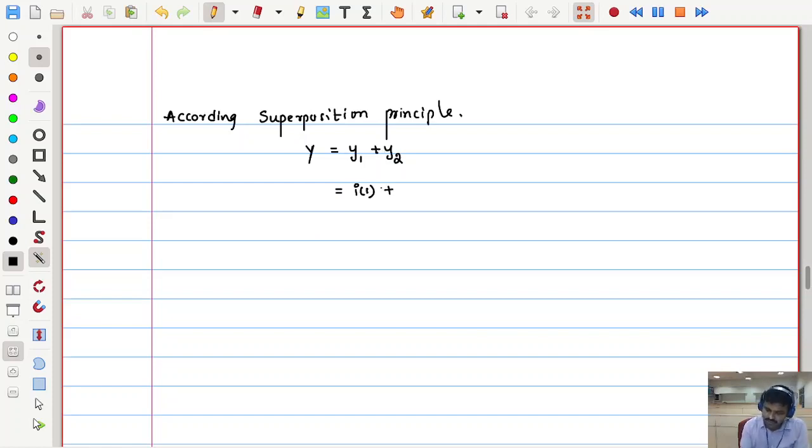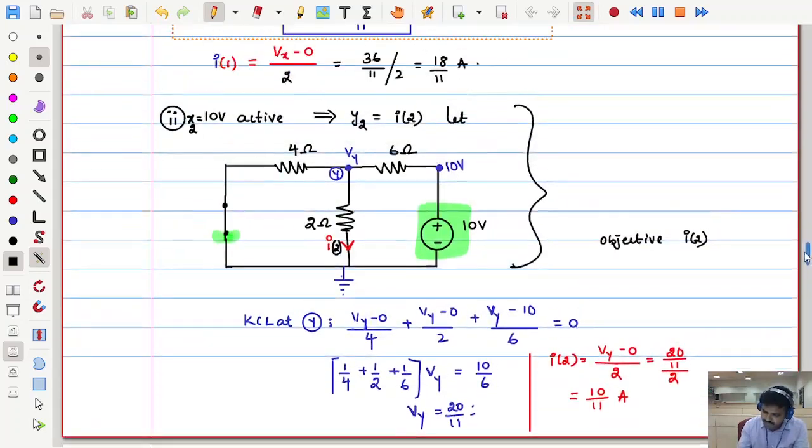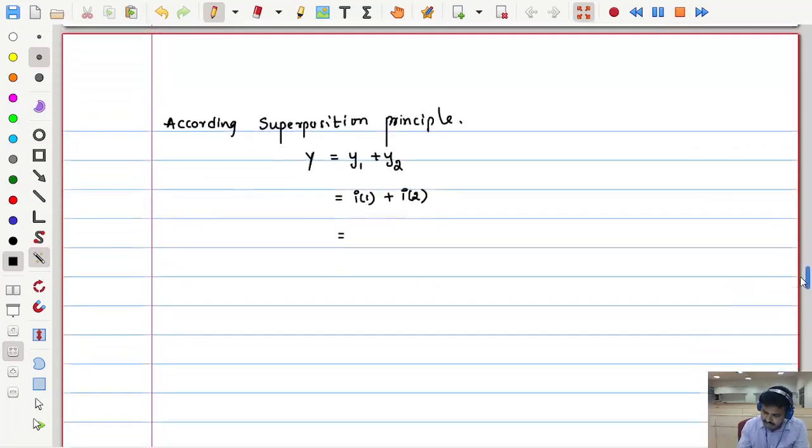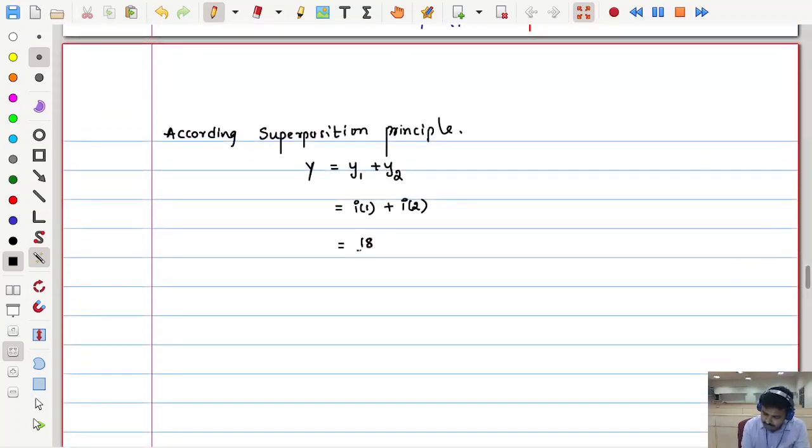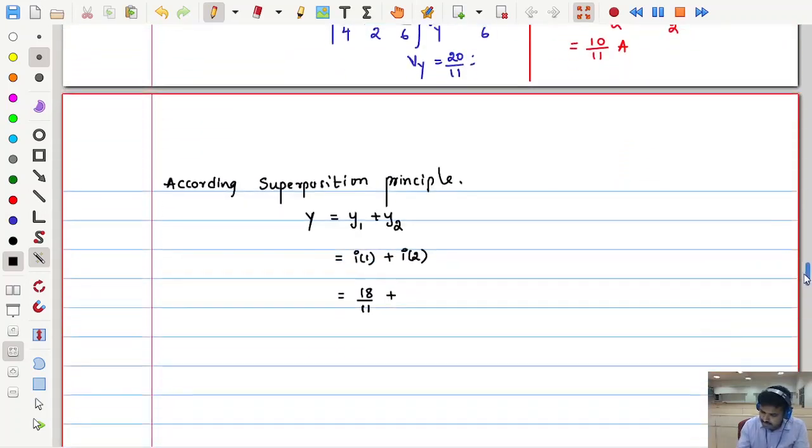So the first output is current I of 1, and the second output is the same current but I of 2. Now how much is that? The first output is 18 by 11 plus the second output 10 by 11. So the total is 28 by 11 amperes.